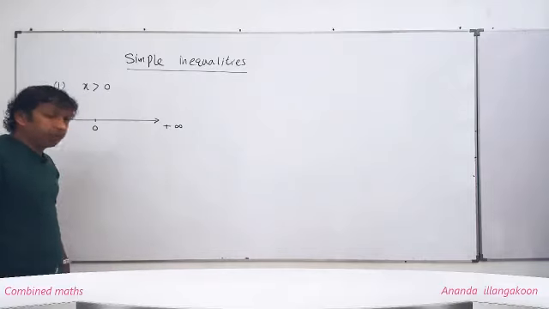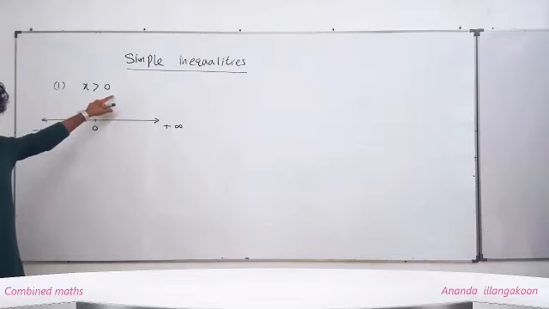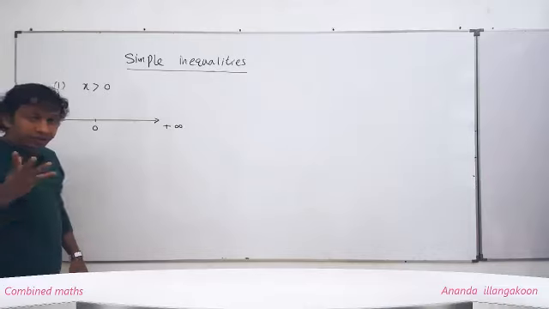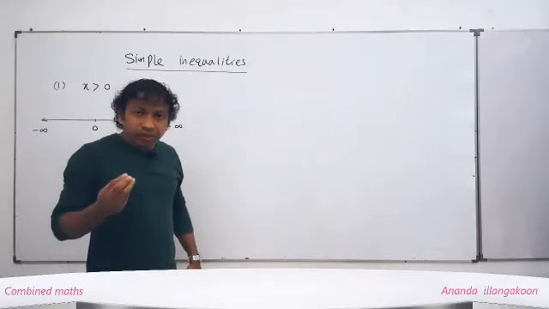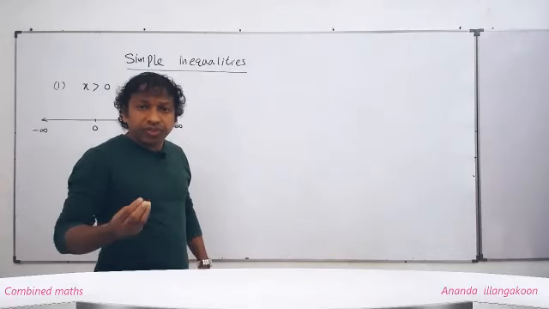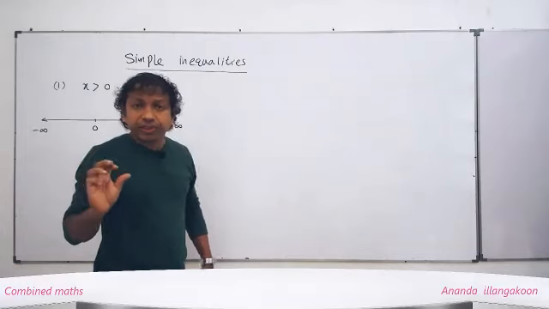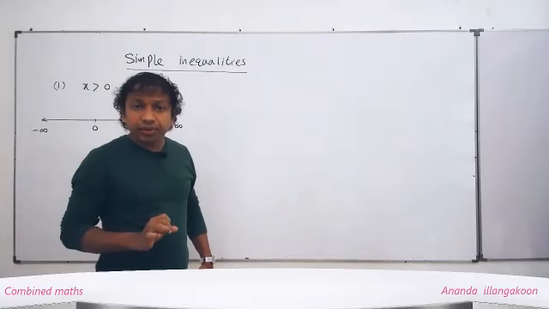Right, so now, people, this means x greater than 0. For example, suppose we are given x greater than 0. X greater than 0 means x is a real number that is positive. Then suppose we are asked to mark that region on the number line.